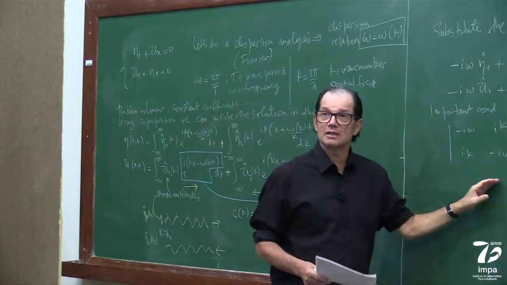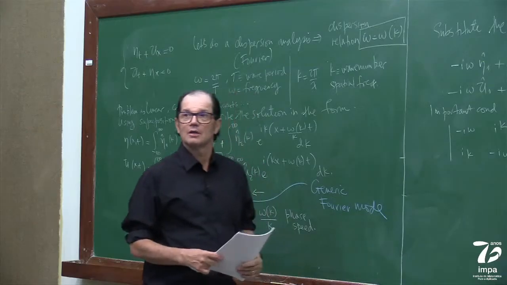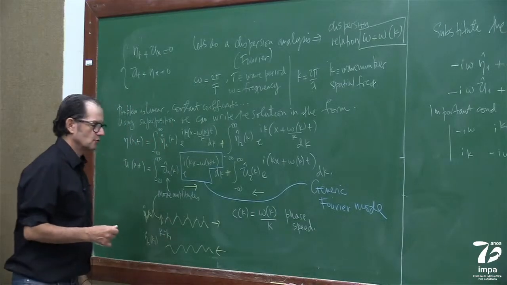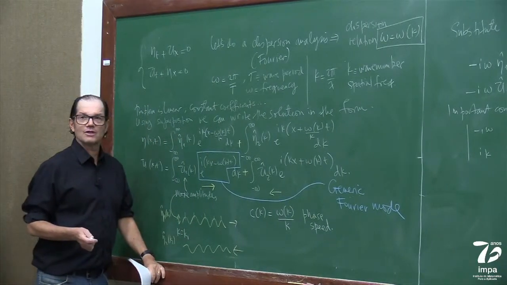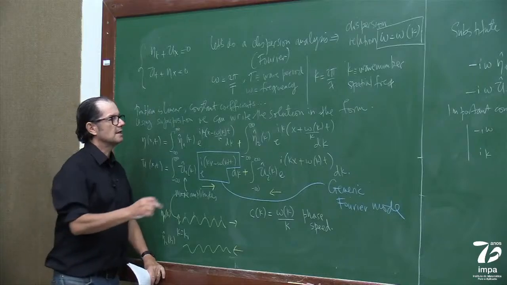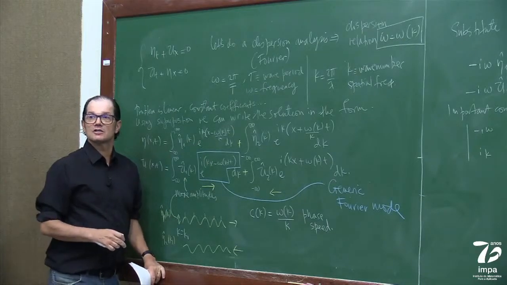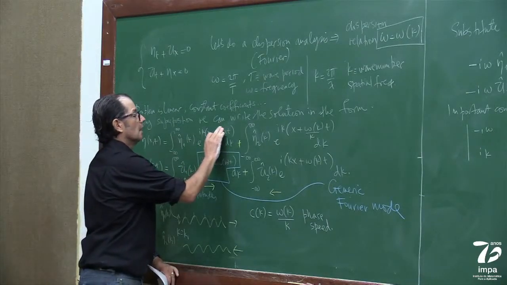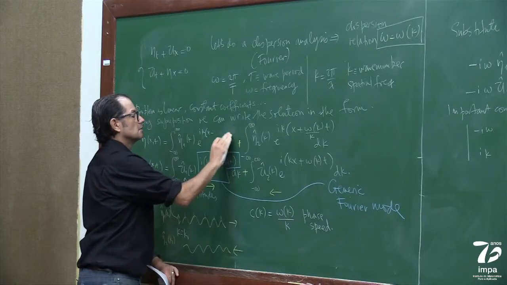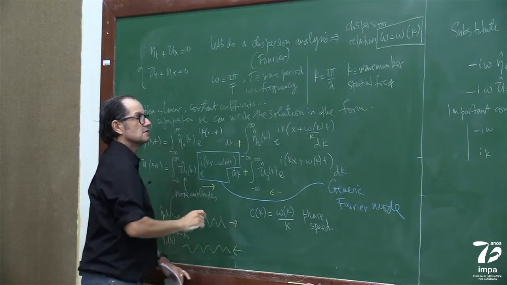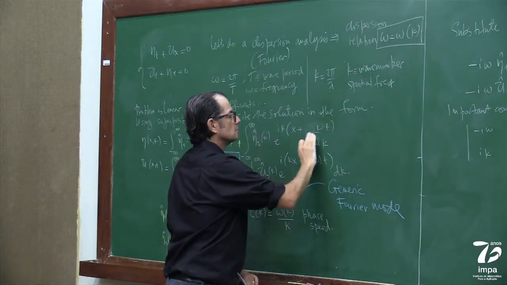But then the good thing, maybe let me use this board. Let me come to this board so I can save us time. Now that I know that omega over k is plus or minus 1, I know that my solution is like this. This is a Fourier representation of my solution.